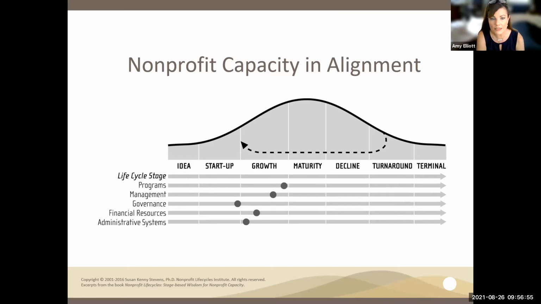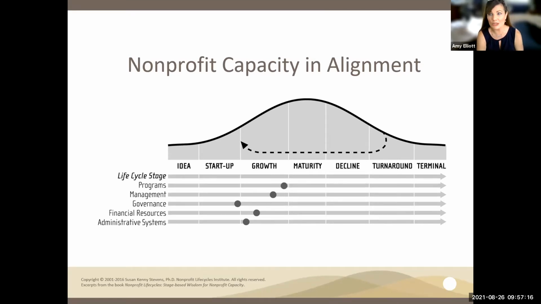And if I was this organization, I might say, do we want to focus on governance in our next quarter or next strategic plan? Because it looks like they might need to come up. Or maybe administrative systems. Give me some specifics on why that one's a little behind.